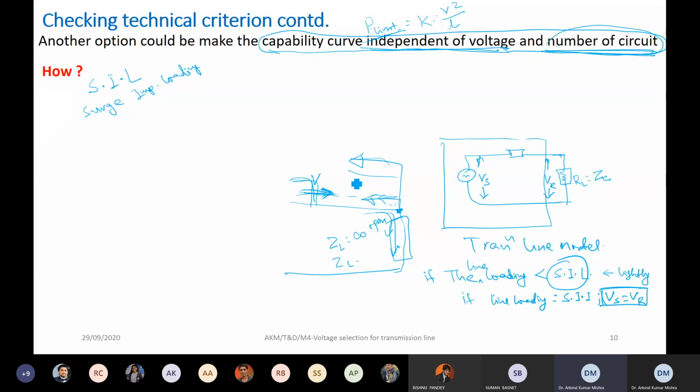So there may be a condition of the impedance in between, and you can again verify that if this load impedance is equal to the characteristic impedance, then there is no reflection at all, and when this V voltage reaches the receiving end, it will remain intact at V voltage.